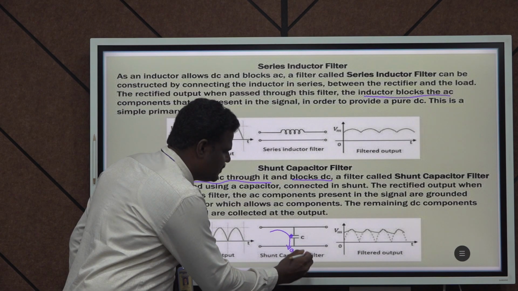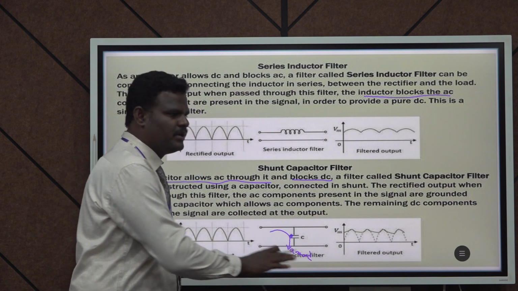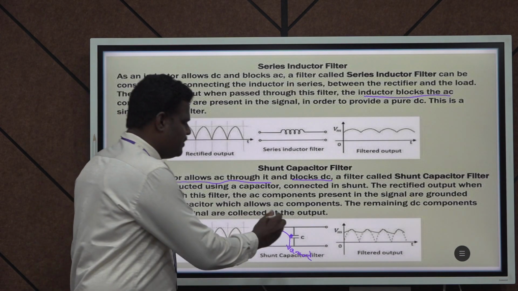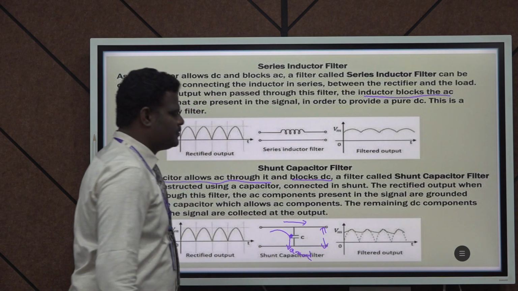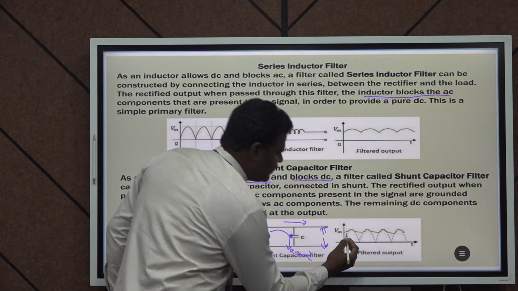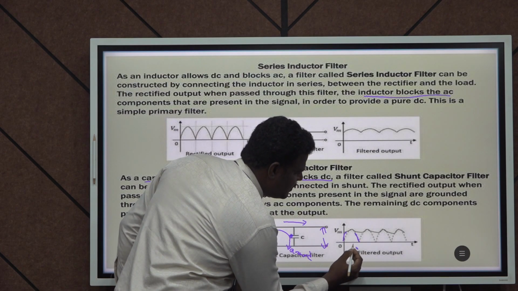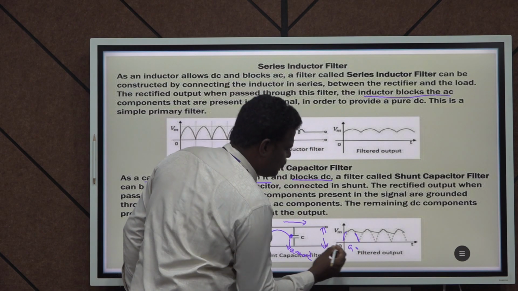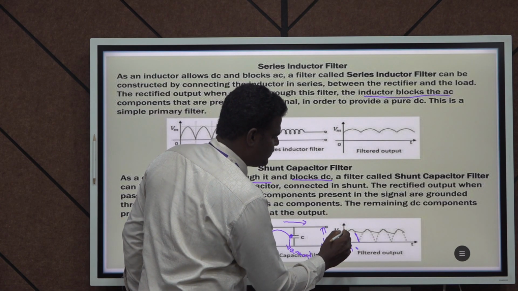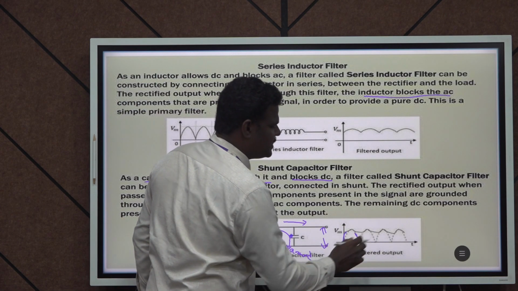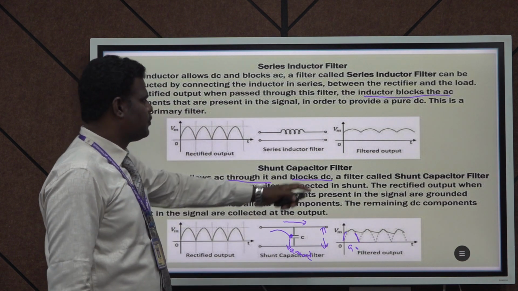The AC content present on the DC side is properly grounded. That is why it allows only DC to the output side. Only the DC content is present on the output side. This is the filtered output, the output like this.